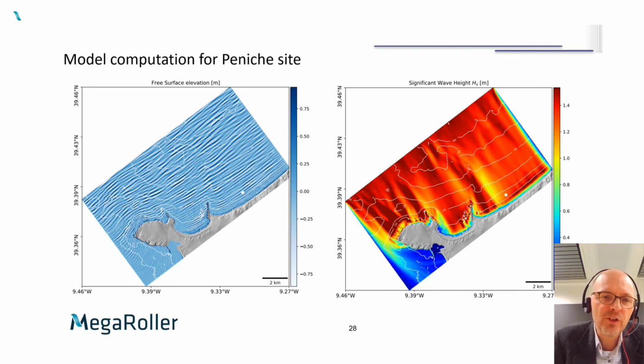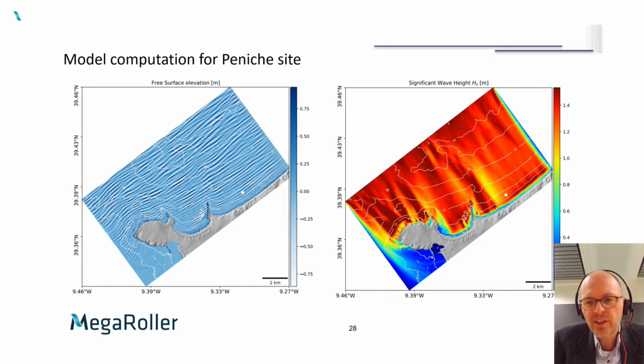You see some interesting features here. You see the wave field on the left and significant wave height on the right, and due to the bathymetric features, so basically the bottom topography, you see regions of focusing where it's dark red, and regions of lower significant wave height where it goes to yellow.